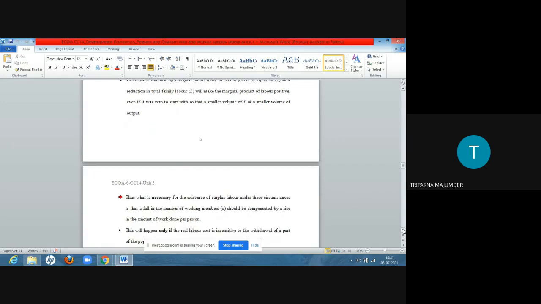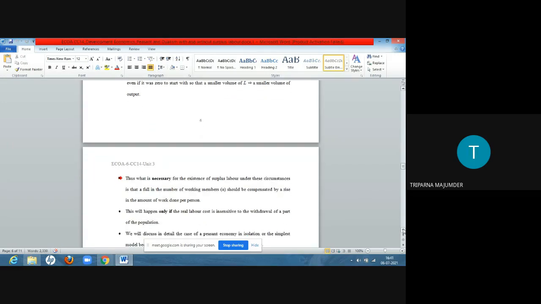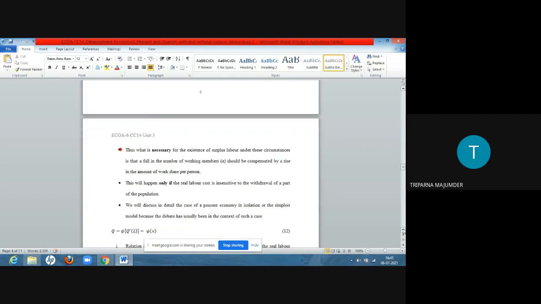That means what is necessary for the existence of surplus labor under these circumstances is that a fall in the number of working members alpha should be compensated by a rise in the amount of work done per person. This also we have discussed with the help of a diagram when we were discussing Sen's definition of disguised unemployment or surplus labor.